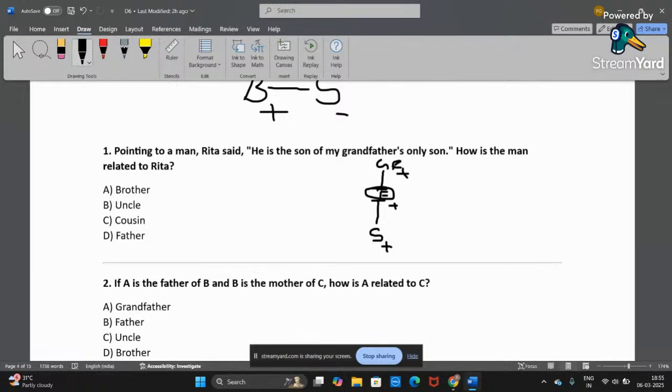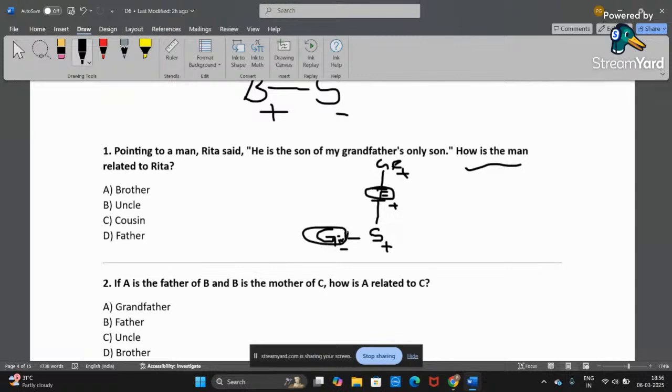He is a son of my grandfather's only son, which means that the girl will be what? She'll be here. We'll write this as girl, so let us indicate this with minus. Now, how is the man related to Rita?